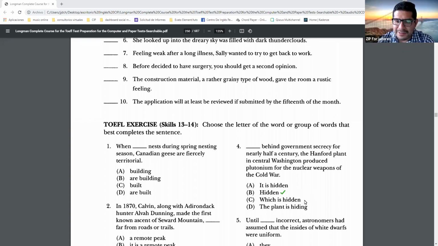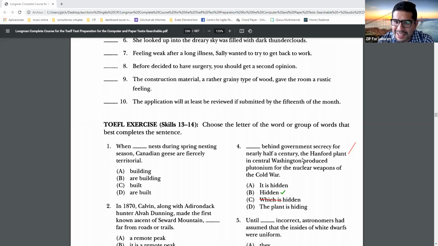No, I mean you can reduce it like this: "hidden." Remember, you cannot start with an adjective clause except if this clause is reduced. So if the clause is not reduced, you are going to put it after the noun that it is describing.